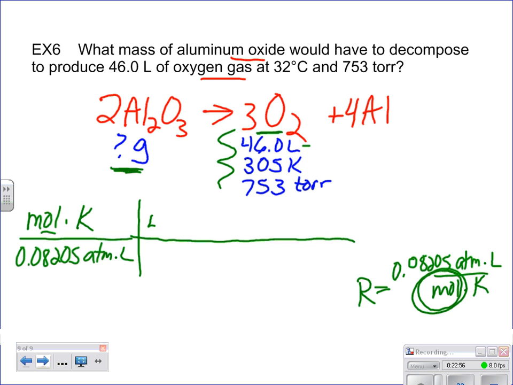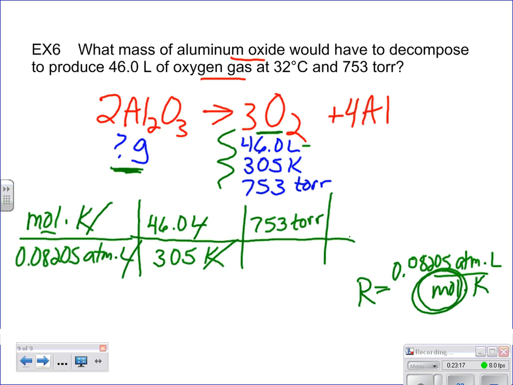I'm going to put my 46 liters up here, so liters go away. I've also got Kelvin, I'll put that down here, 305 Kelvin, that goes away. I've got pressure, so I'll put that up here, 753 torr. Oops, that doesn't cancel yet, we've got to keep going. So get rid of your torr, go to atmospheres, 1 atmosphere, 760 torr.